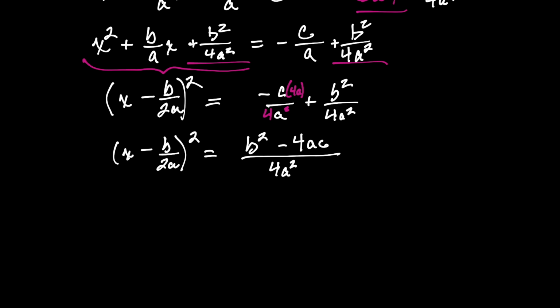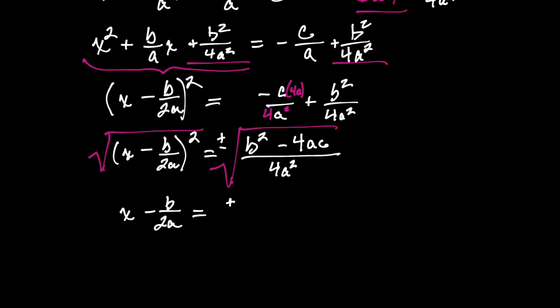I should say discriminant. In any event, let's take the square root on both sides. We are allowed to do that in algebra, right? So there's taking the square root of both sides. And the square root of something squared is the something. And on the right-hand side, also remember when you're taking the square root, this is where our plus or minus is coming in. So we're going to have plus or minus.